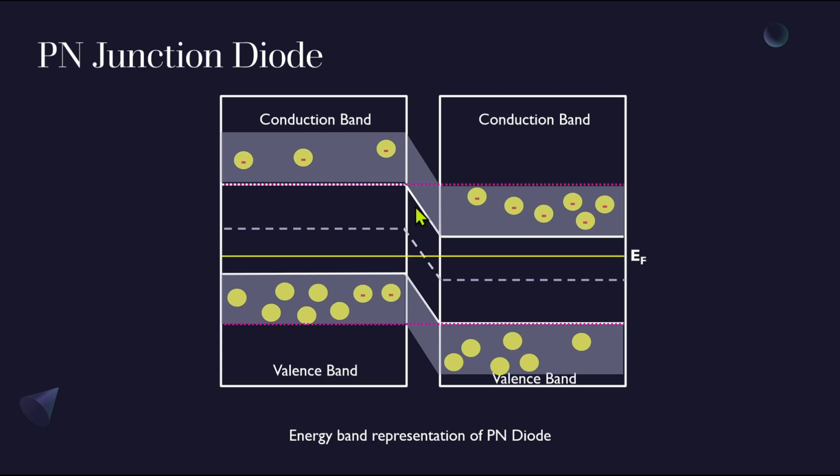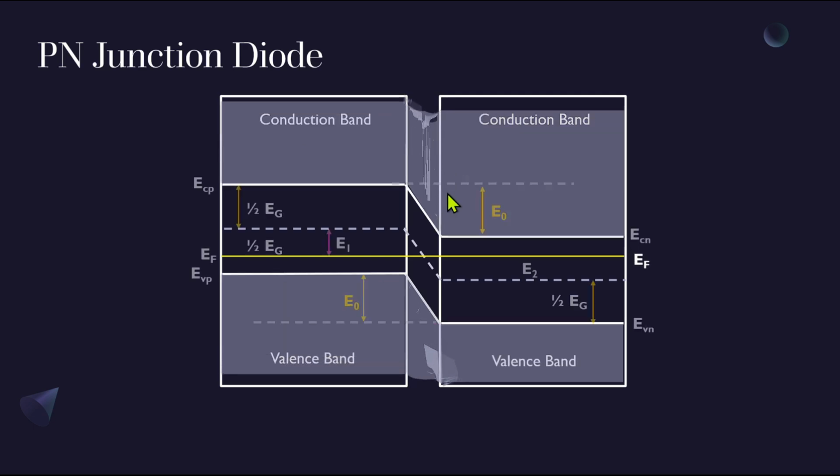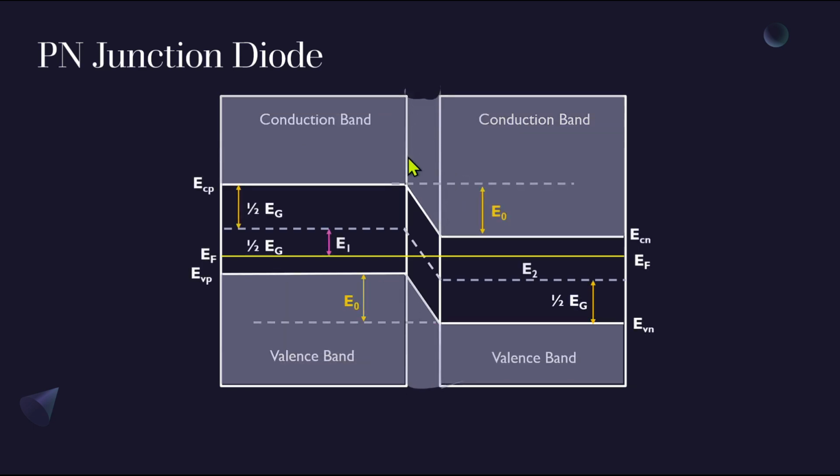Now if we see the energy levels and do the proper nomenclature of them, this is the EF given by this yellow line, which represents the Fermi level. As we already know, in a p-type semiconductor the Fermi level is near the valence band, and in an n-type semiconductor the Fermi level is near the conduction band. So it is valid in this diagram.